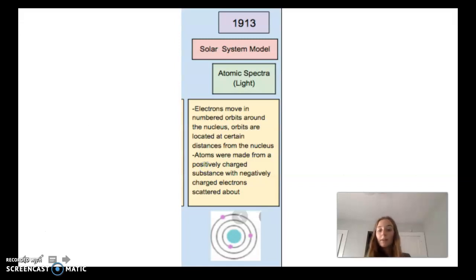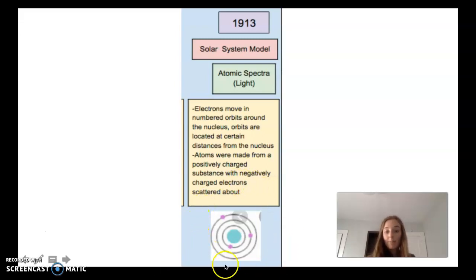If we can remember, he came around about 1913 with the solar system model by using different light experiments. And he started to determine that electrons move in numbered orbits around the nucleus, depending on their energy level. And the atoms were made from a positively charged substance with negatively charged electrons scattered about.